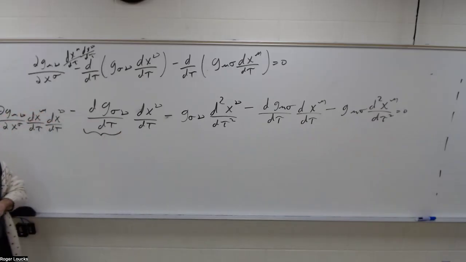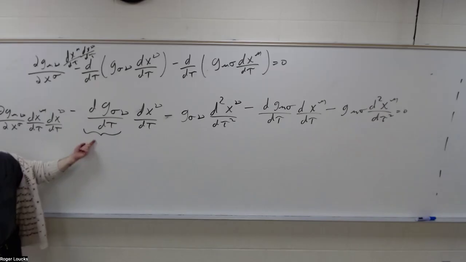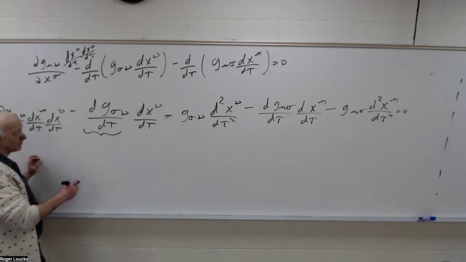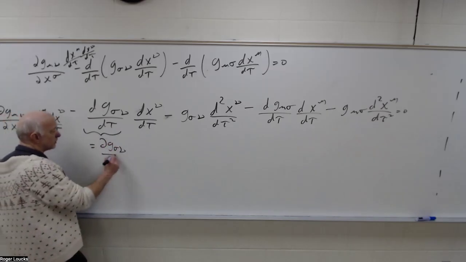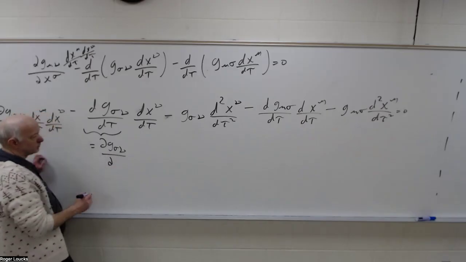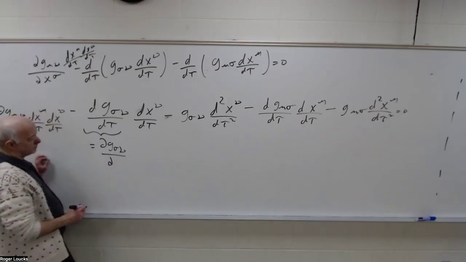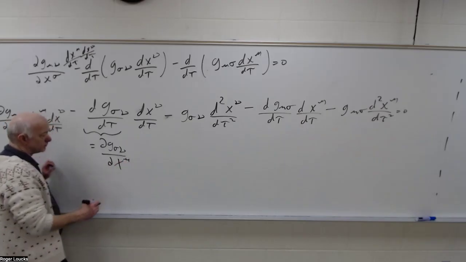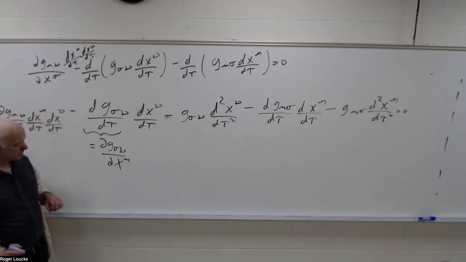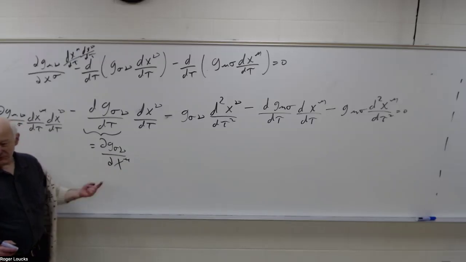Let's beat on this guy. How can I write that? This is gonna be partial G sigma nu with respect to X, let's say beta. Is that it? That's not mu, sorry. Mu.